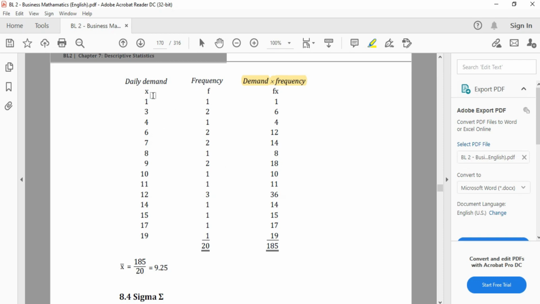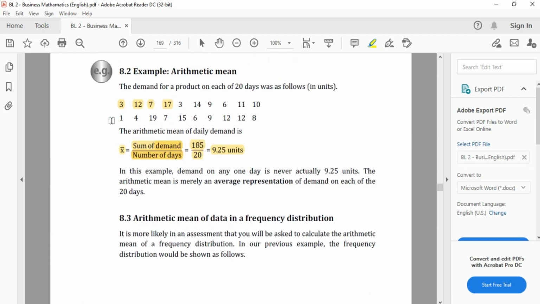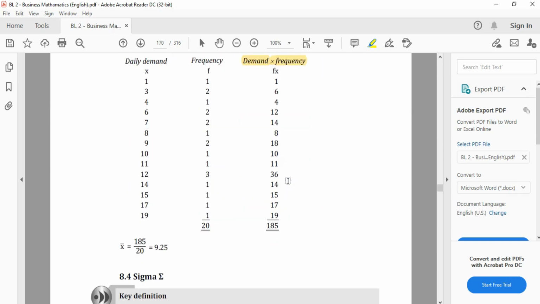So let me show you how they created the table for daily demand and frequency. They selected the range of items. So the minimum amount of demand is 1 and maximum is I think 19, right? So anyway obviously it should be 1 to 19. And then they put random figures, 1.